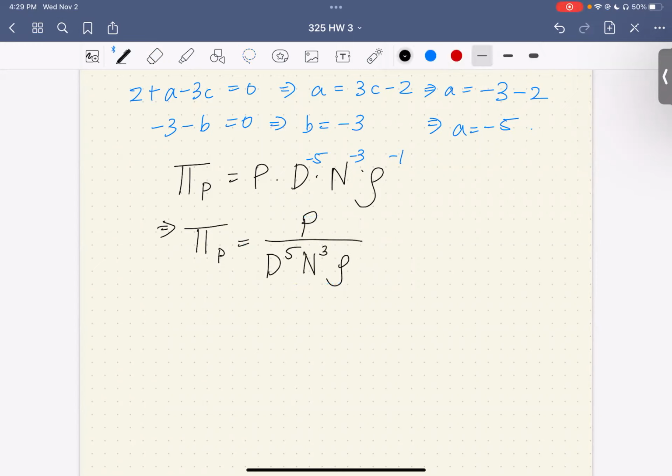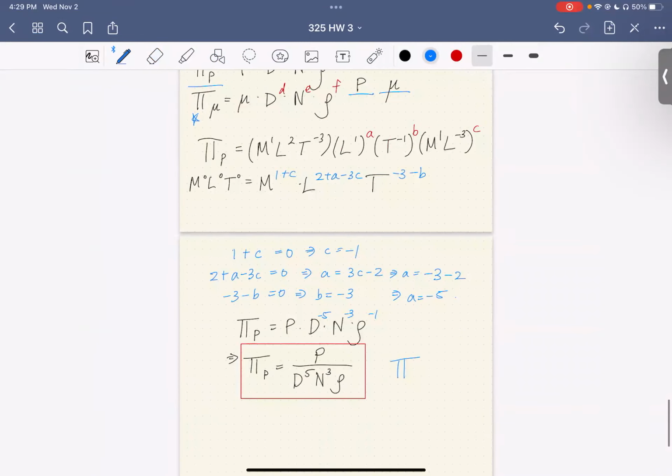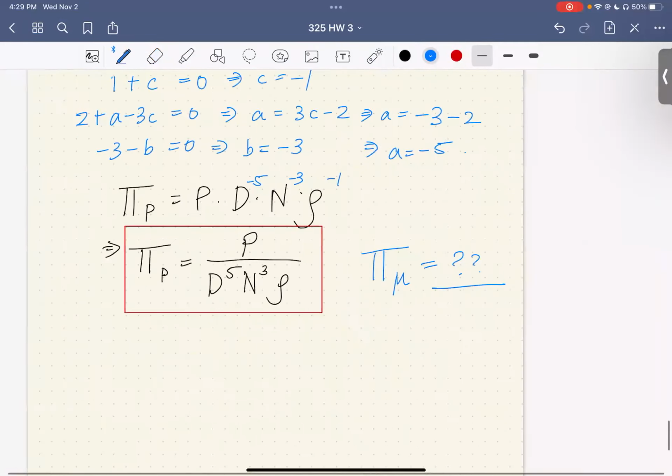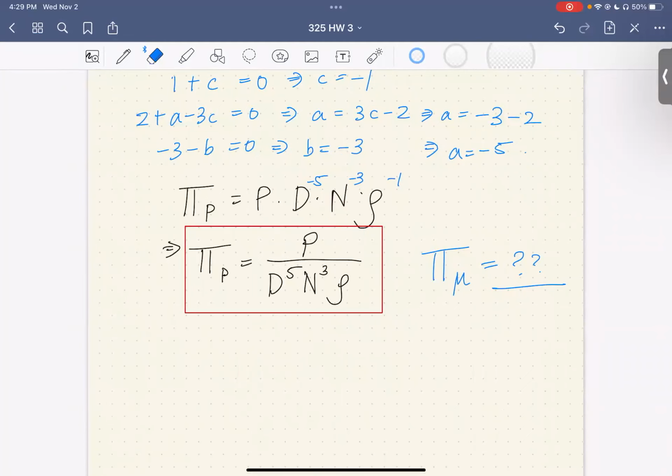And that's one of your parameters, right? Your dimensionless term. Great, and then you're going to do the same thing for our other one, which we said was mu. So find mu, right? So that's that second, and we need to find both of those.